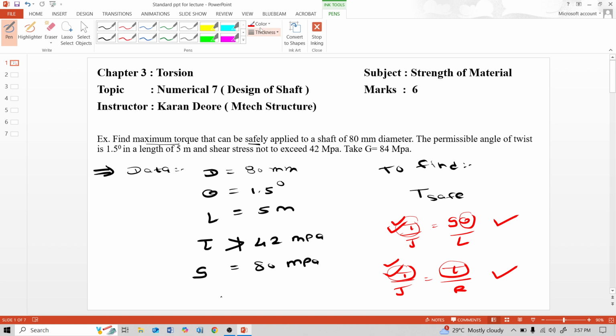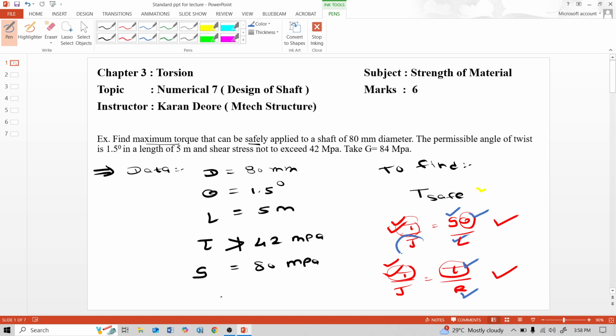And see, in the numerical we have data: we have theta, we have G, we have length, we have tau, the shear stress, and the radius, which is diameter by 2.